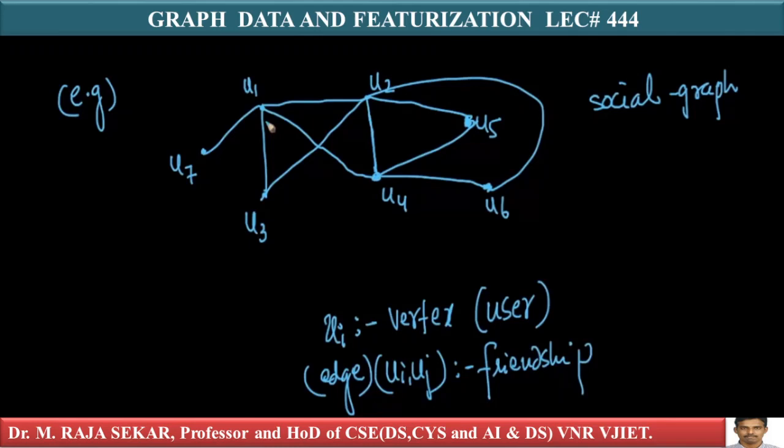U4 is also a friend of U5. Each user represents a vertex, users are vertices, and friendship is an edge. And this is called a social graph. Facebook has the largest social graph with billions of users.